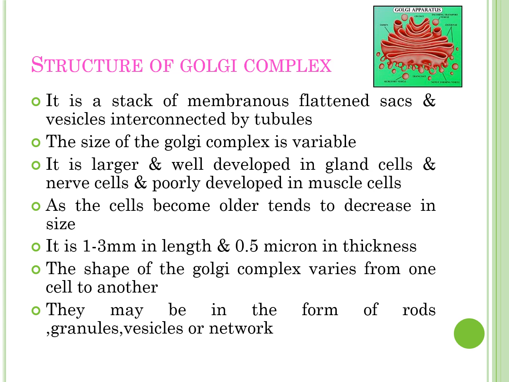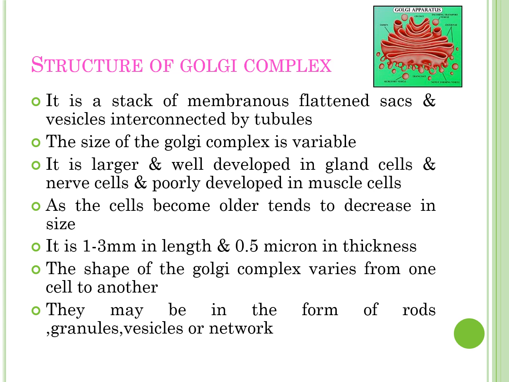Structure of Golgi complex. It is a stack of membranous flattened sacs and vesicles interconnected by tubules. The size of Golgi complex varies based on the species. It is larger and well developed in gland cells and nerve cells, and it is poorly developed in muscle cells.